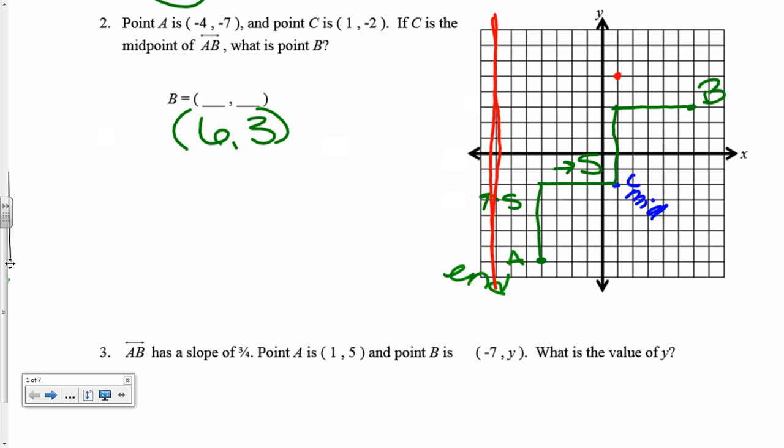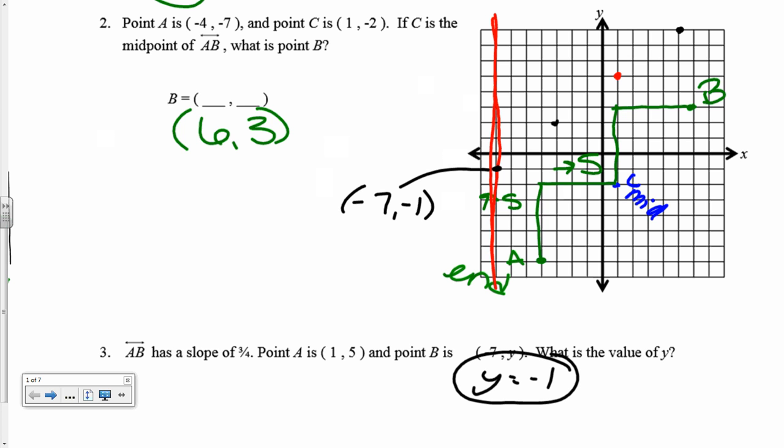I could go up 3 and over 4, but that's not going to get me any closer to my negative 7 x value. So instead I have to go down 3 and left 4. Right there, I'm still not at negative 7, so I have to do it again. Down 3, left 4. So now I'm at negative 7 as my x value, because this is the point negative 7, negative 1. So y equals negative 1.